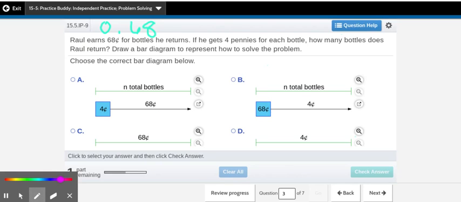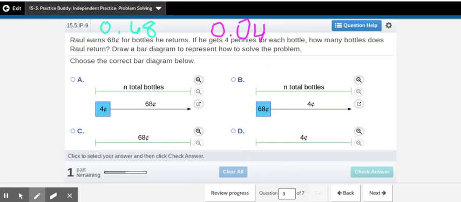Now, 4 pennies. What decimal is that? 4 pennies means that it's 4 over 100, which means that it's 0.04, 4 hundredths. So that is going to be 0.04, and that's for our pennies. So he earned 68 cents for the bottles that he returned, but each bottle was 4 pennies.